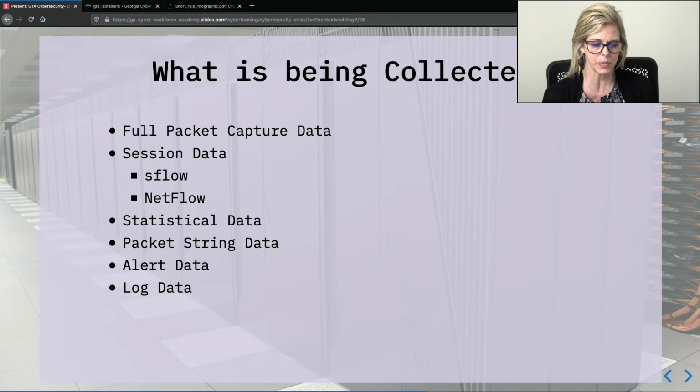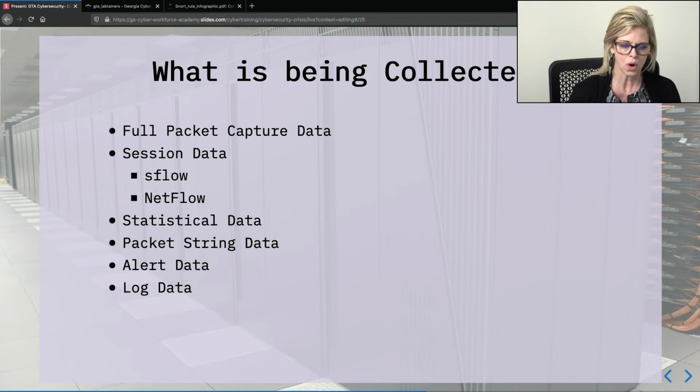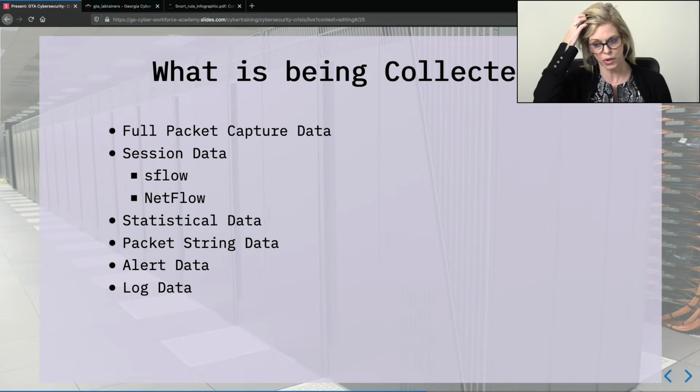includes that specific information that references the 5-tuple. This is basically the source and destination IP address, the source and destination port, as well as the protocol. This information can be gathered using different protocols or technologies like sFlow, which is a sampling technology, and NetFlow, which is Cisco's version that was actually adopted by the IETF as a standard.